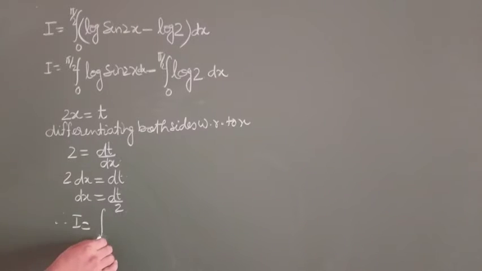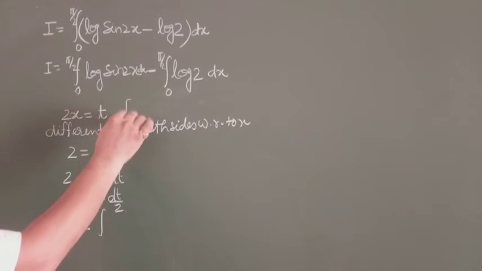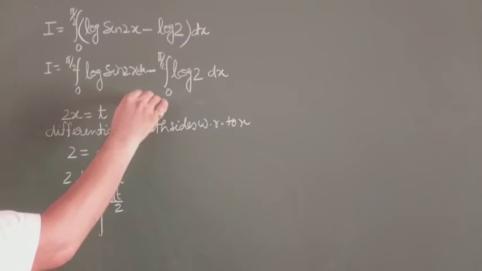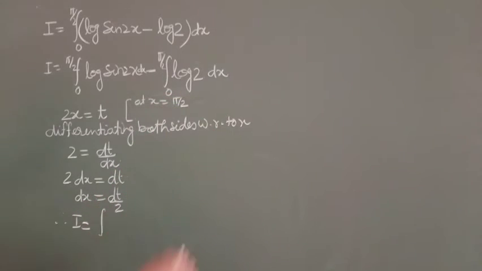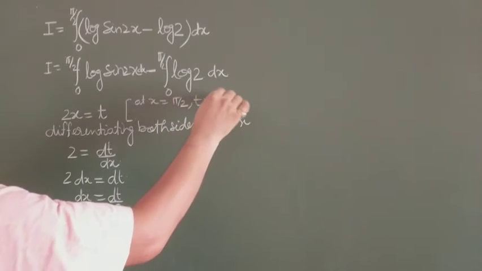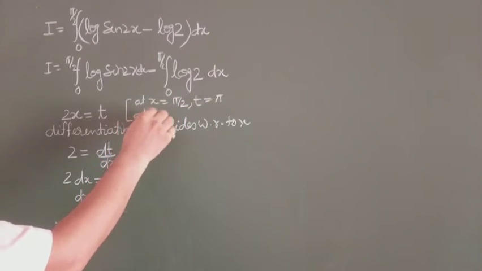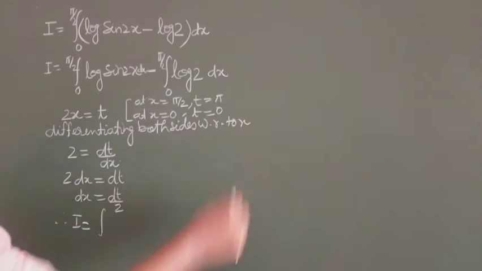Now the limits, we have to change the limit also. When 2x is supposed t, at x equal to pi by 2, when we put pi by 2 here, t equals to pi, and x equal to 0, then t is also 0.